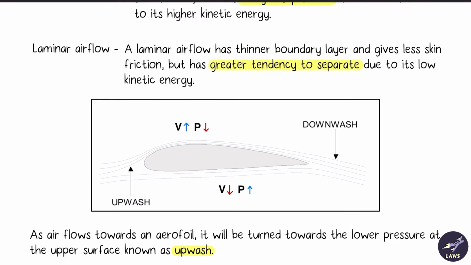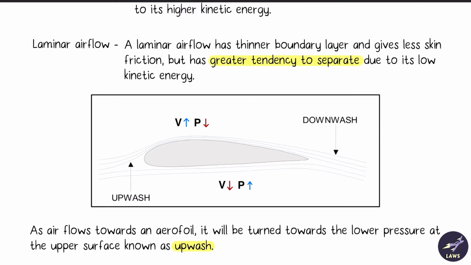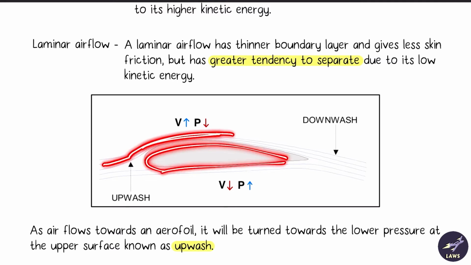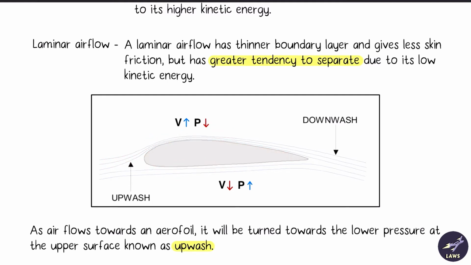Then we have something known as upwash. As air flows towards an aerofoil, it will be turned towards the low pressure at the upper surface. As we have the aerofoil here, the air accelerates and the pressure decreases, as compared to here, where the pressure is more.